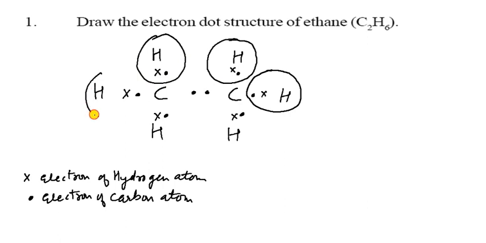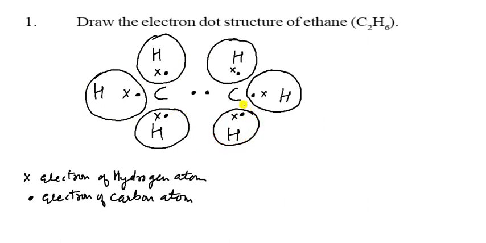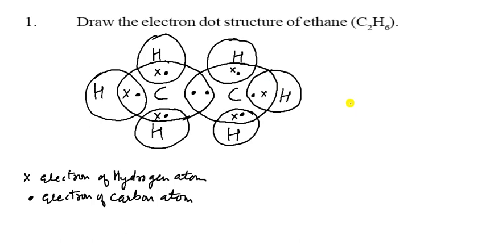So you can write here electron of carbon atom. How can they share? You can see here the sharing of electrons. They share like this, and they can also share like this, and here they share like this, and here also they share like this. And what about this hydrogen atom? It is here, they complete their duplet.